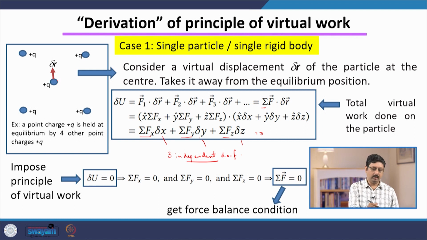So, you can see that we can move this center particle independently in the x direction, y direction and z direction. Now, if you have these 3 independent variables and their sum is 0, to be precise they are linearly independent, then the only way you can have 3 independent terms sum to 0 is if the coefficient of each of them is equal to 0.